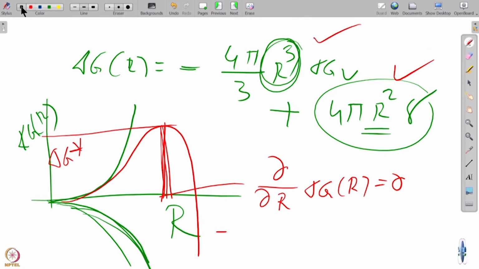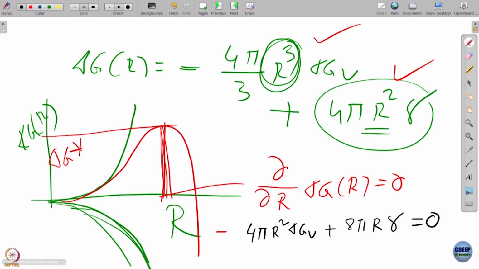I get minus 4 pi r square delta GV, plus 8 pi r gamma equal to 0. Now, r equal to 0 is one solution, because this is the minimum. That is not the solution you want. So, we then divide by r.